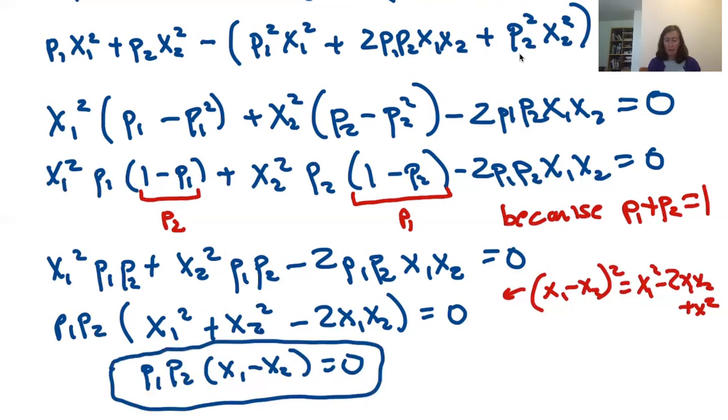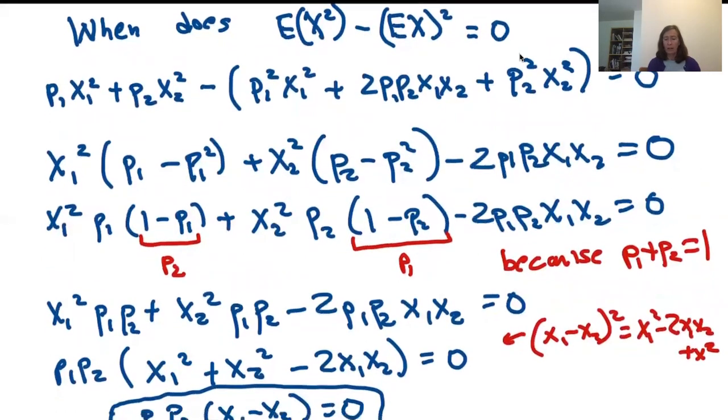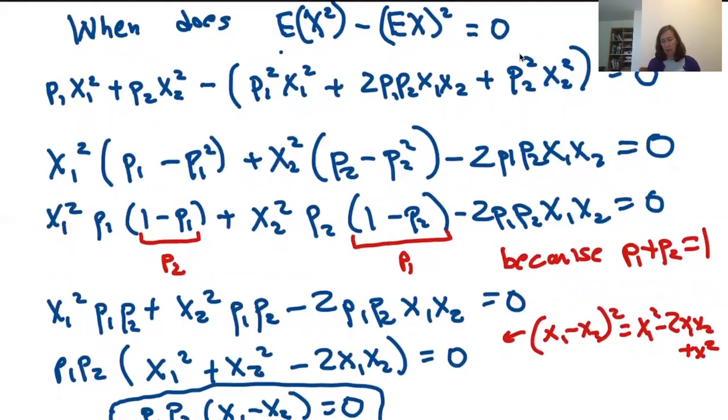Now let's think about what that means. We started off this whole chain of algebra asking ourselves, when does the expectation of the squared random variable equal the square of the expected value? And the reason why we wanted to know that is when that's true, it means that we can switch the order of doing those two things.